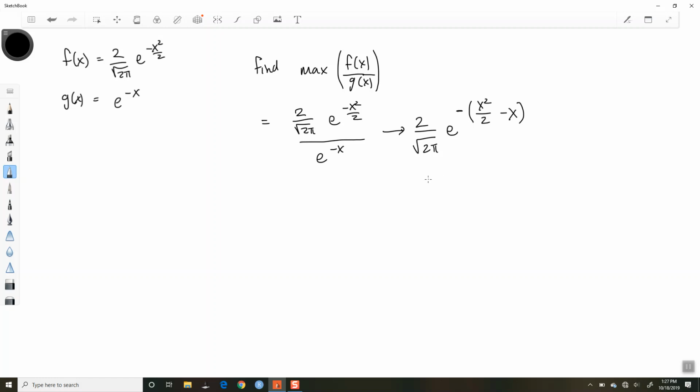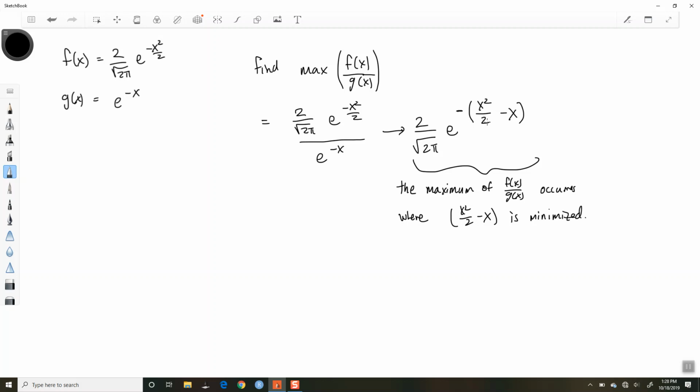Okay. All right, and so just by looking at this, I've got some constant and e raised to some negative power. So I can say the maximum of f of x over g of x occurs basically where this quantity, x squared over 2 minus x, is minimized, right?